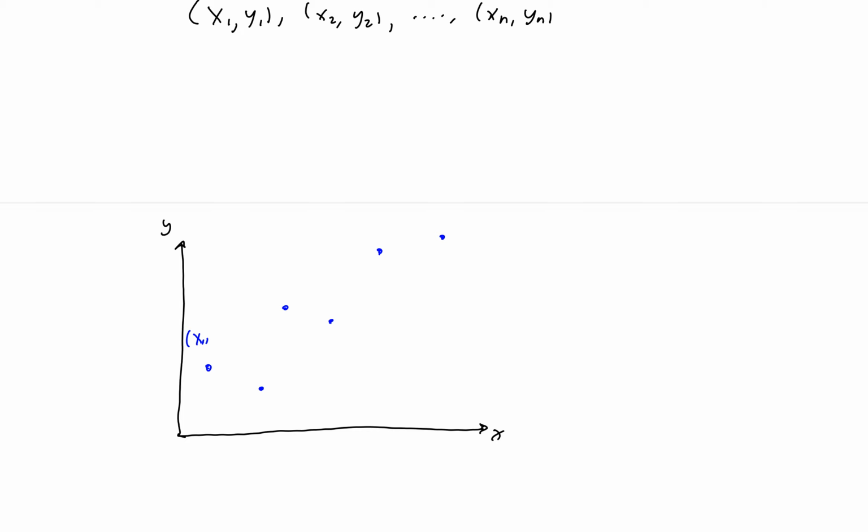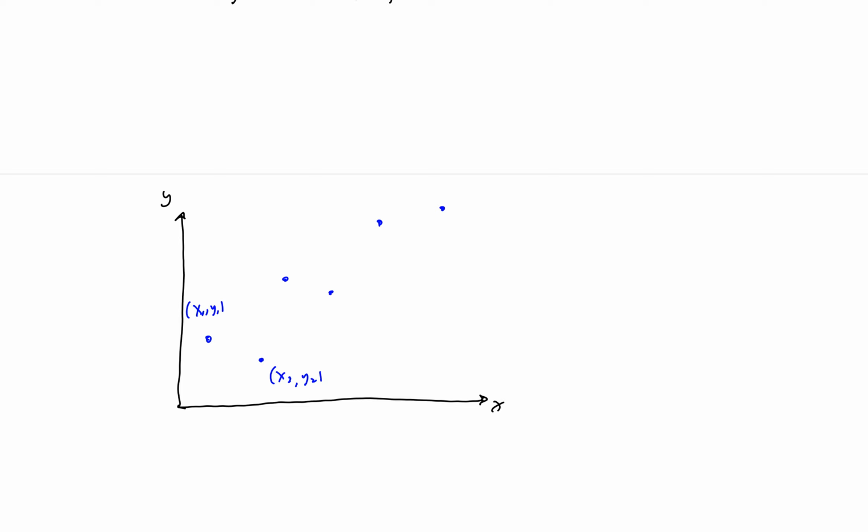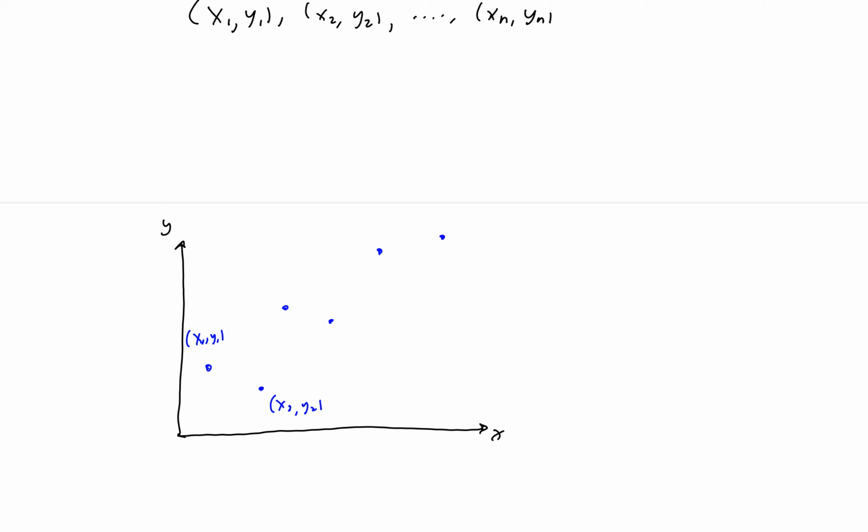So this could be x1, y1 here, and maybe this is x2, y2, and so on. And so we'd like to model this data with some function, and to make this simple to work with we're going to choose a linear function. So we're going to pick a line that kind of best fits the data.